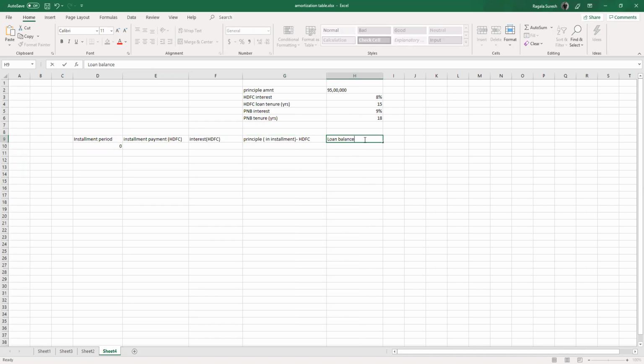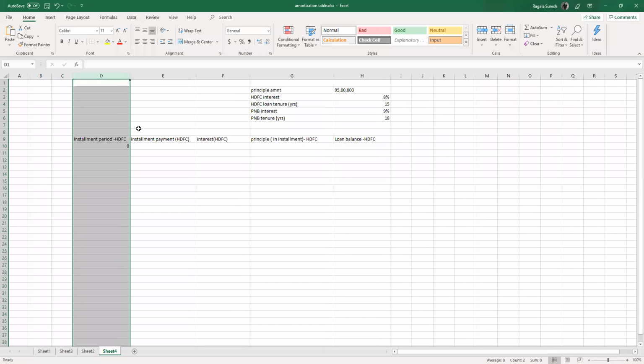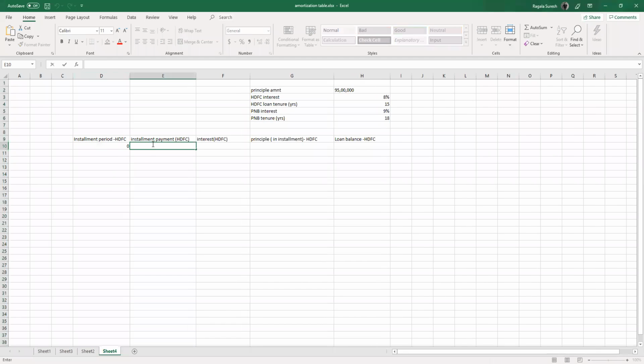HDFC. This is no entry. Installment payment initially will be 0.